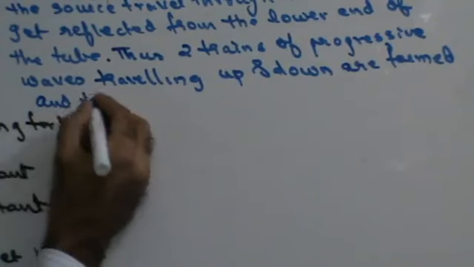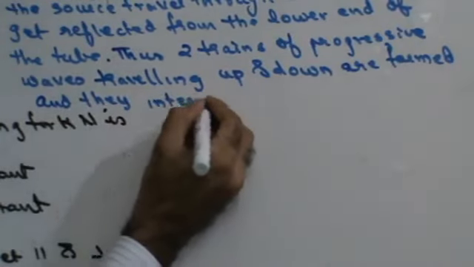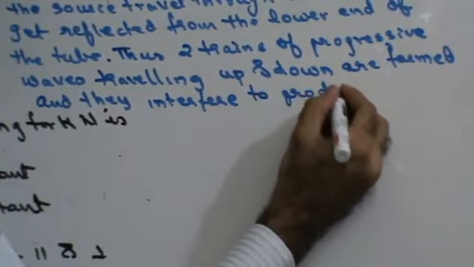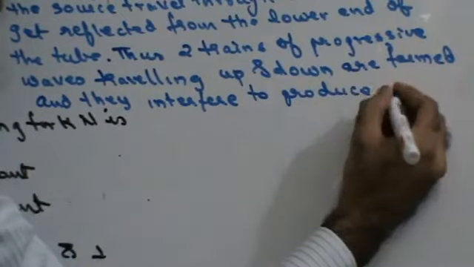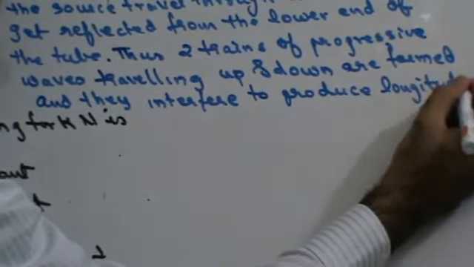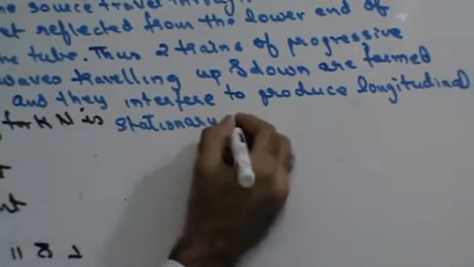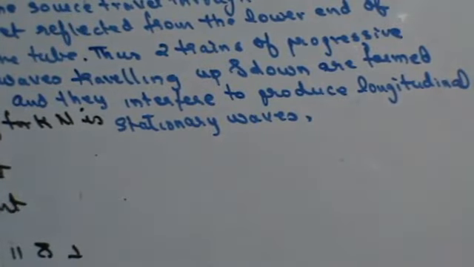One, what you are blowing inside the tube, and then it is going to hit the bottom and it is going to move up. So that's the other wave that is coming up, right? So thus you have two trains of progressive waves traveling up and down, and they interfere to produce longitudinal stationary waves. So thus longitudinal stationary waves are set up in the tube.